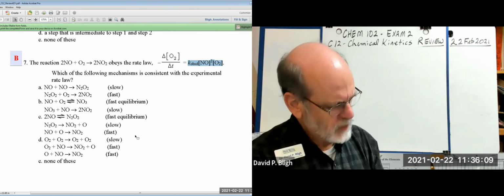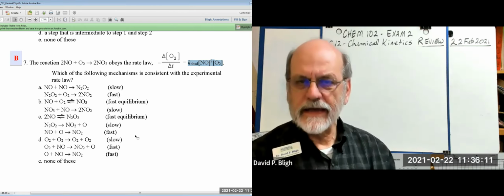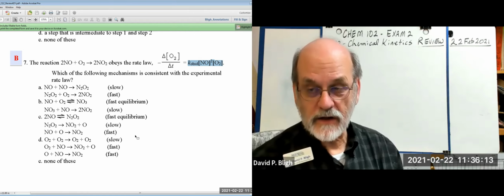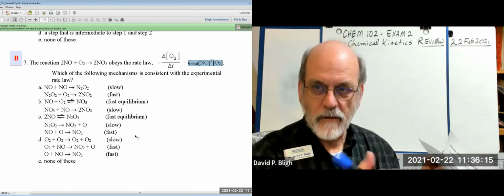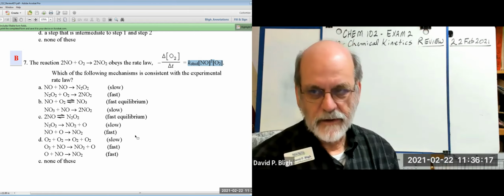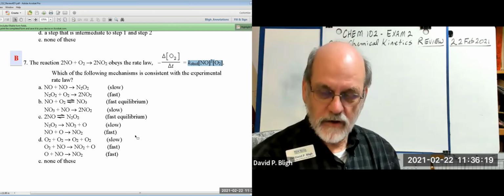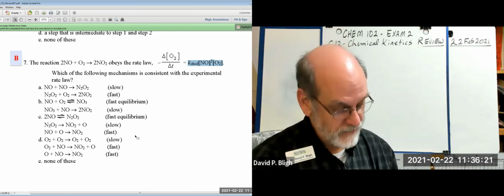The integrated rate law does require calculus to take the differential rate law and make the conversion. But once you have the integrated rate law, then you can derive the half-life.